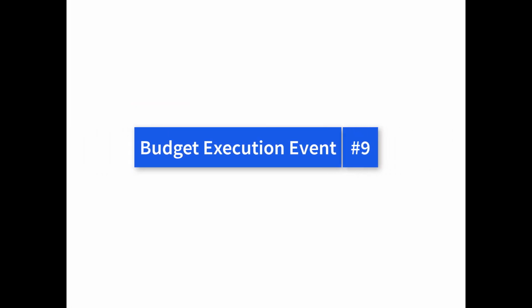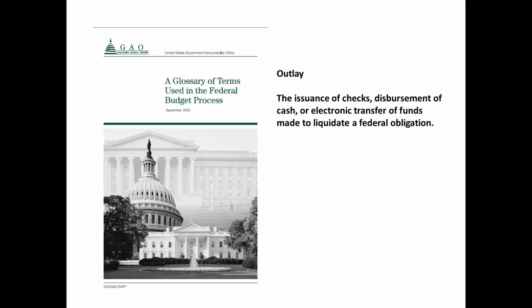And that brings us to budget execution event number 9, outlay. The definition of an outlay in GAO's glossary of terms used in the federal budget process is the issuance of checks, disbursement of cash, or electronic transfer of funds made to liquidate, that is, pay, a federal obligation.